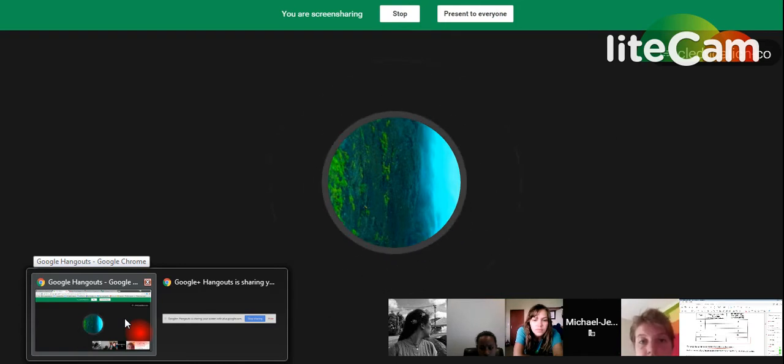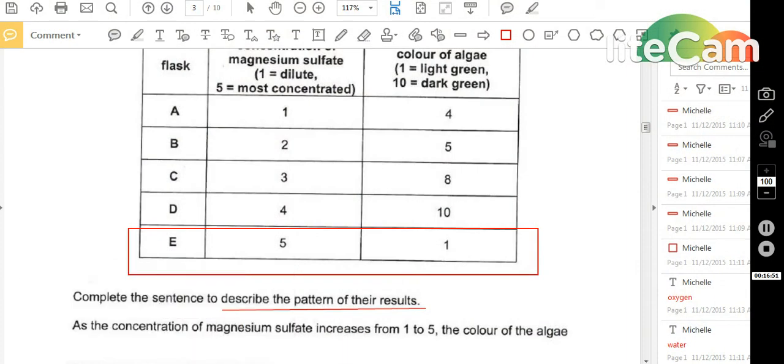Okay, Claudia, you go. Okay, well, somebody said that it increases when it's darker, but then there's also that anomalous result of the one being lighter. So there's an increase, but then there's a decrease. Okay, but they're not asking you for any reasons here. Remember that.